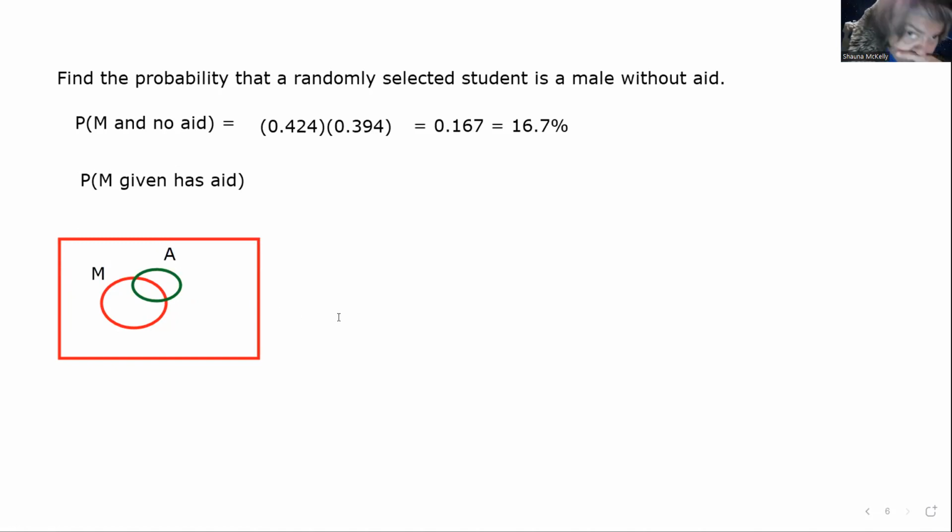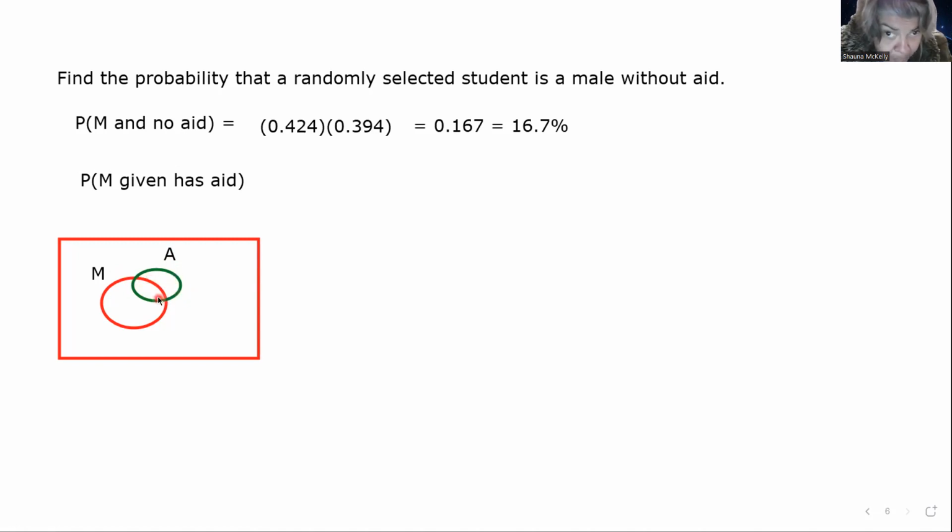Now, given, here's the deal. Instead of looking at the whole sample space, we're given that they have aid. So instead of looking at this whole picture, we're looking at just the green circle. We have an overlap with the red, but we're looking at this green.